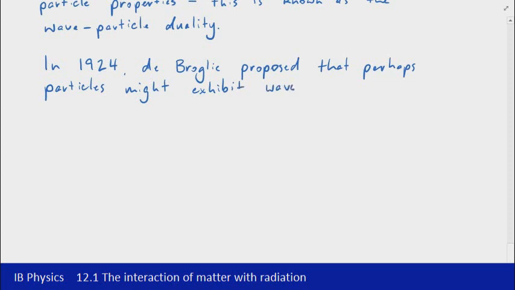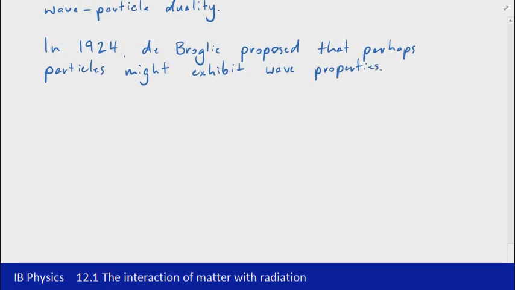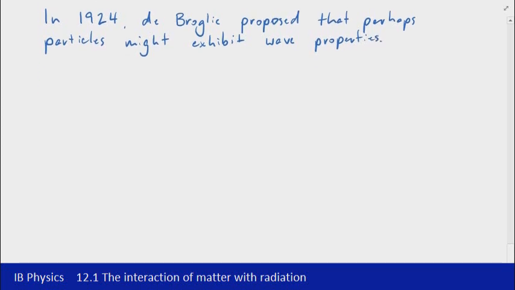Skipping over a fair bit of the detail of what that actually means, we're just going to jump straight to looking at how we can relate these two things together. If we look at photon energy, as we saw from Max Planck, the energy of a photon is given by hf, and because we know the relationship between f and lambda, we can write that instead as hc on lambda.